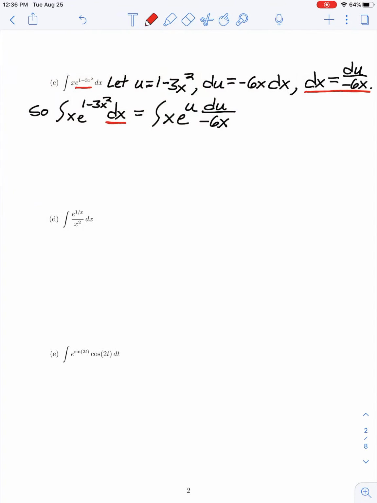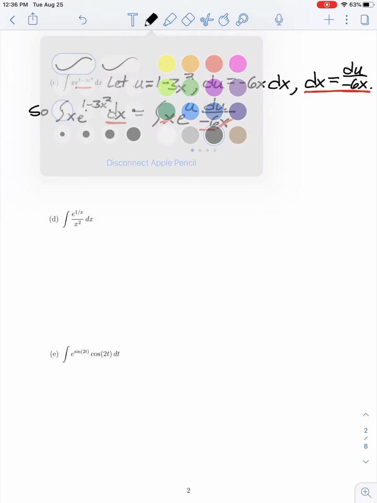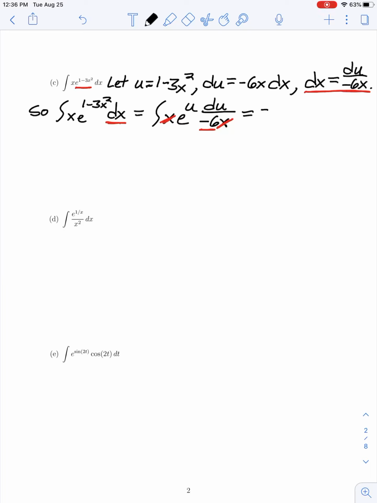So let's see what we're left with. So after making our substitution, this x and the division by x that we got from our dx term will cancel one another. And we're left with a constant factor of 1 over negative 6, which I'm going to pull out in front of my integral as a negative 1/6.